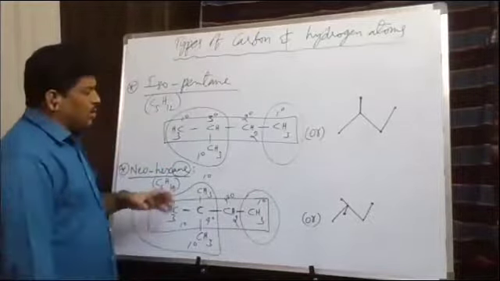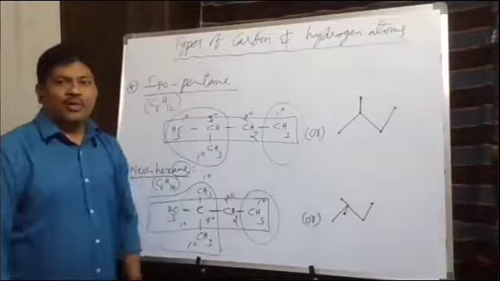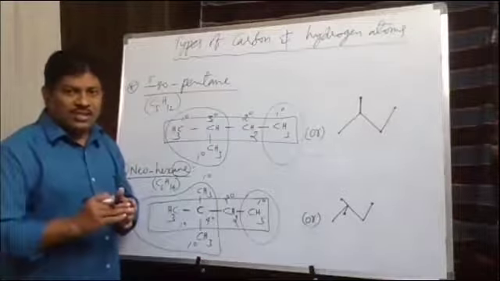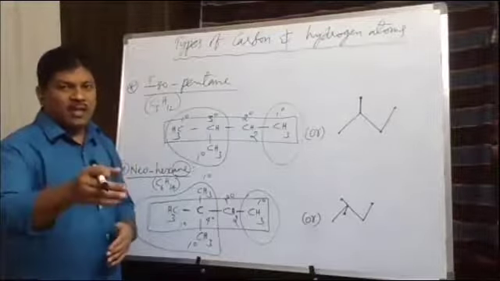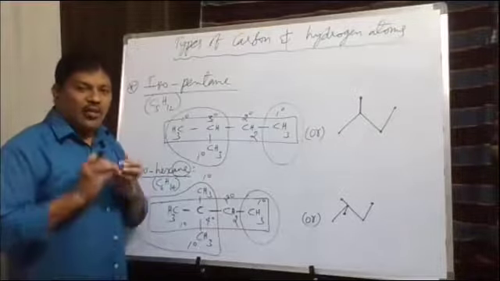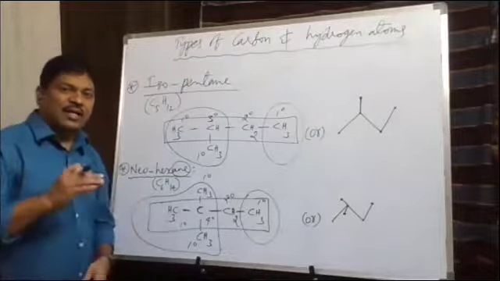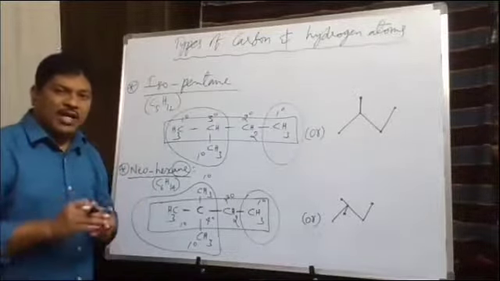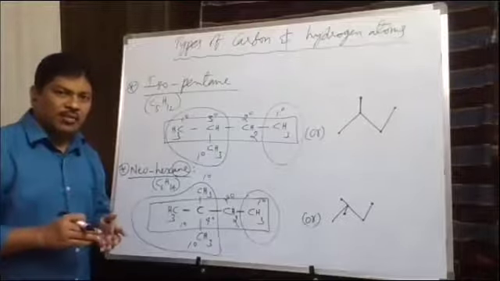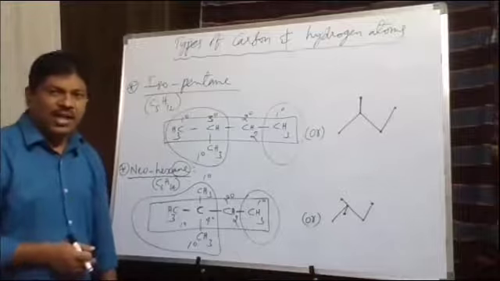Okay. Next thing we have to understand is the different types of hydrogen atoms. If the hydrogen atom is attached to a primary carbon atom, those hydrogens are called primary hydrogens. If hydrogen atoms are attached to a secondary carbon atom, they are called secondary hydrogens. If the hydrogen atoms are attached to a tertiary carbon atom, those hydrogens are called tertiary hydrogens, 3 degree hydrogens.